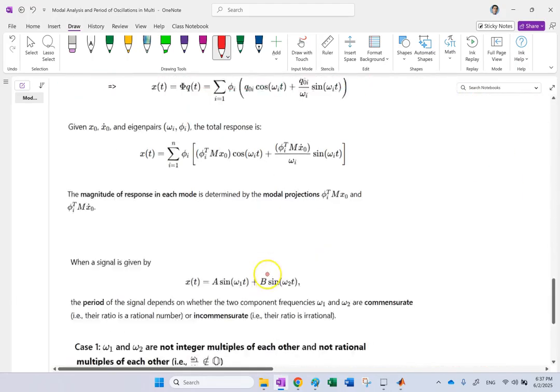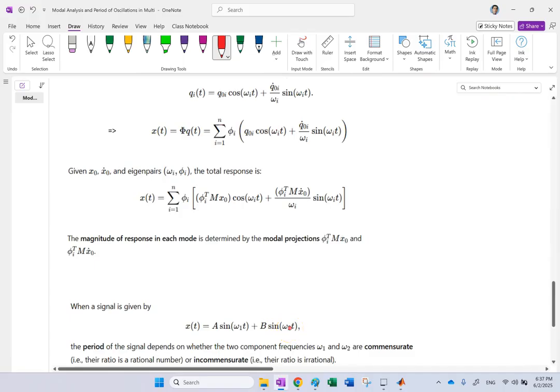And now what we need to calculate are these terms. We need to calculate this and this. So first, let's do this. These new phi's, we transpose them. We multiply them by m and then by x0. And that should give me 3 values, right?